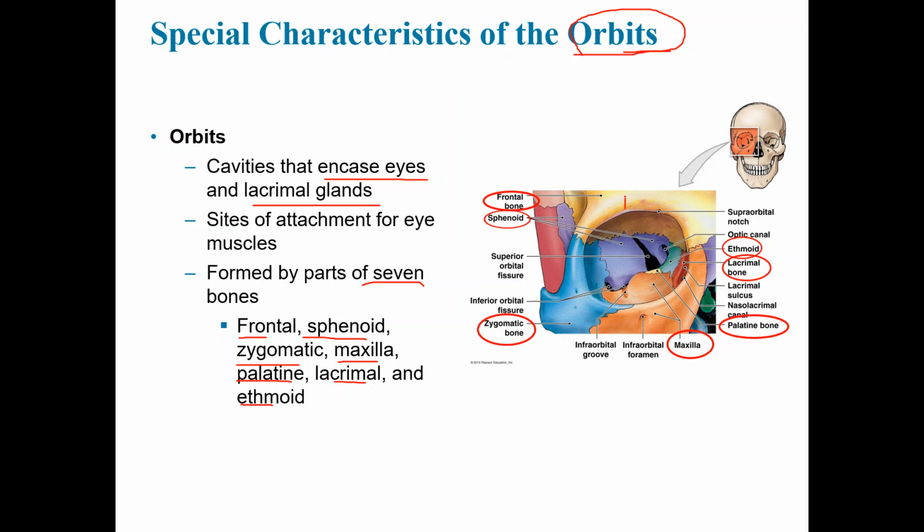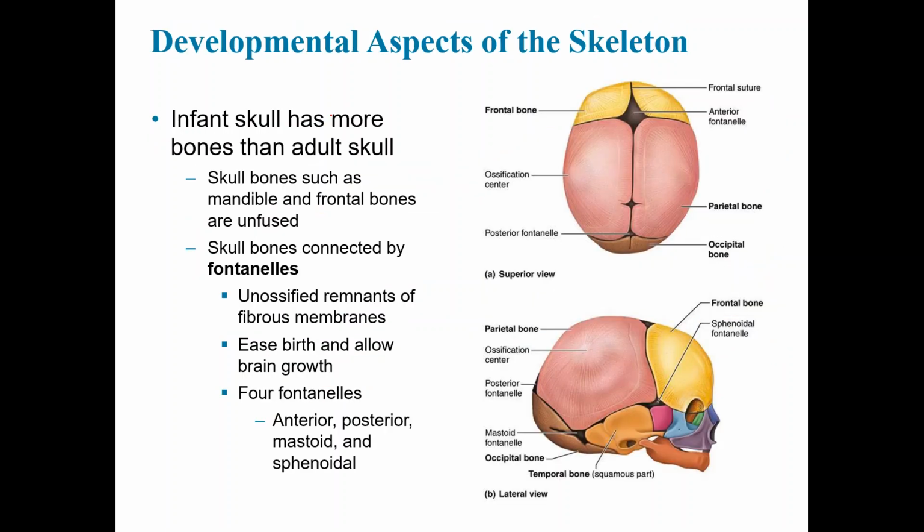The frontal bone, the sphenoid bone really in the back, over here. This is the sphenoid bone, and the zygomatic bone, of course, the maxilla, the ethmoid bone, a lacrimal bone, as you would imagine, and also a little bit of the palatine bone over here. Okay, so this is important, the contribution of all the bones that form the orbits.